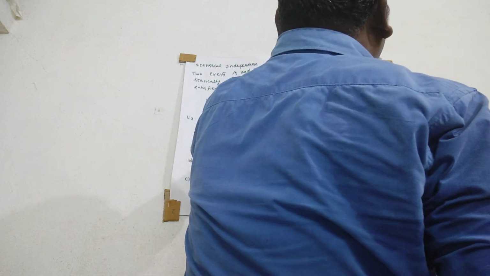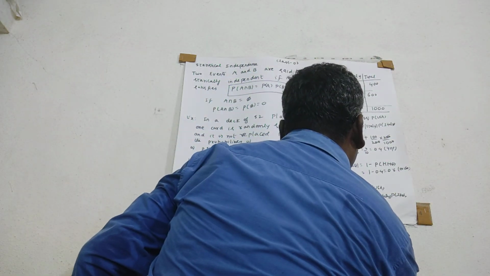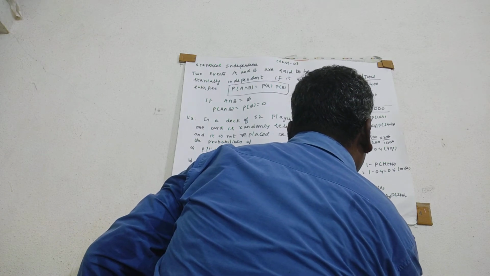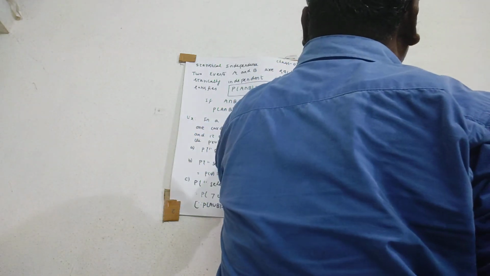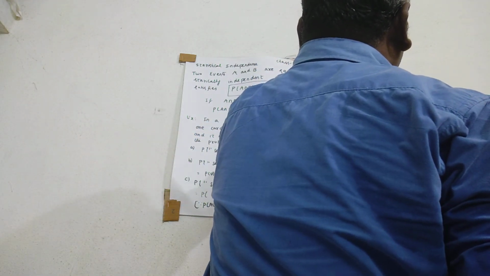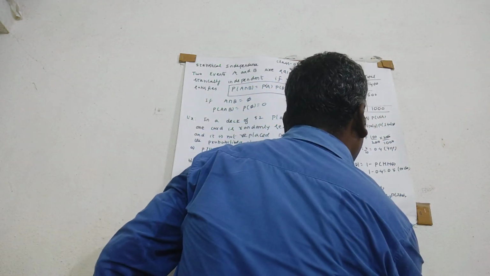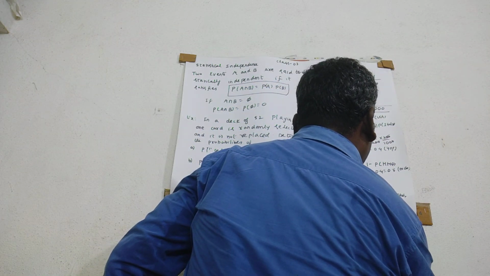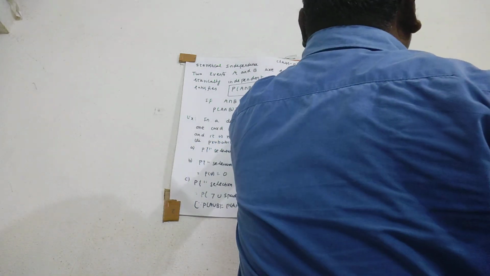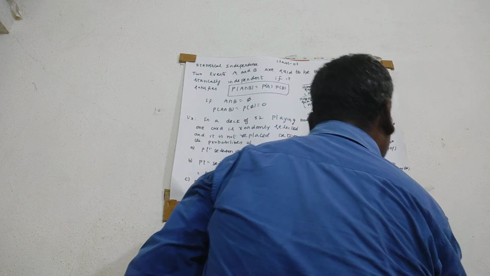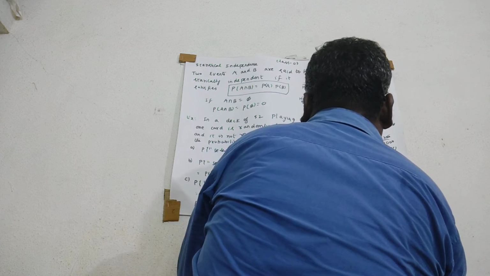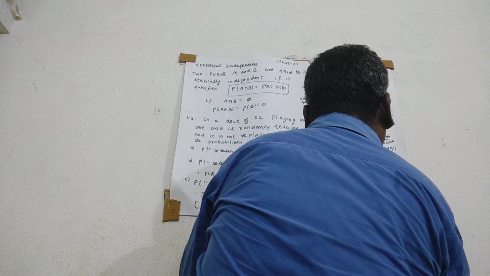Then what is the probability of USA? 800 by 1000. Yes. What is the probability of hospitalized in Italy? It is 100 out of 200, 100 by 200. What is the probability of Italy? 200 out of 1000. Like terms get cancelled, here also like terms get cancelled.